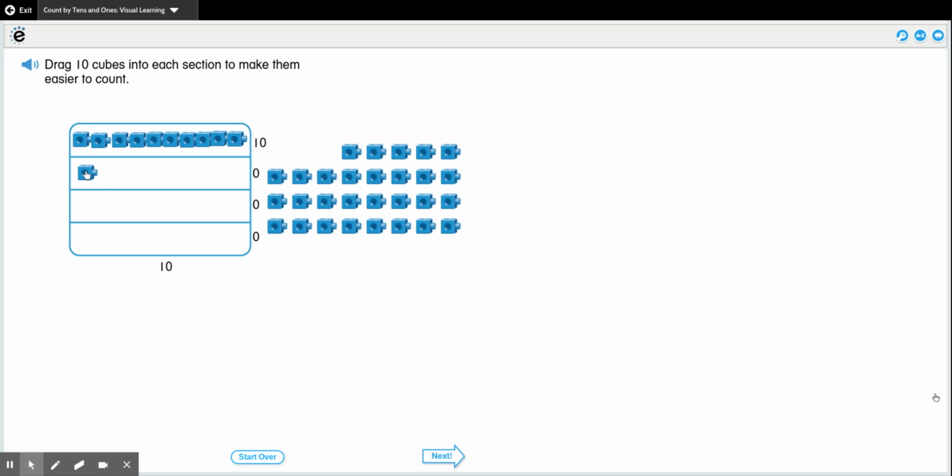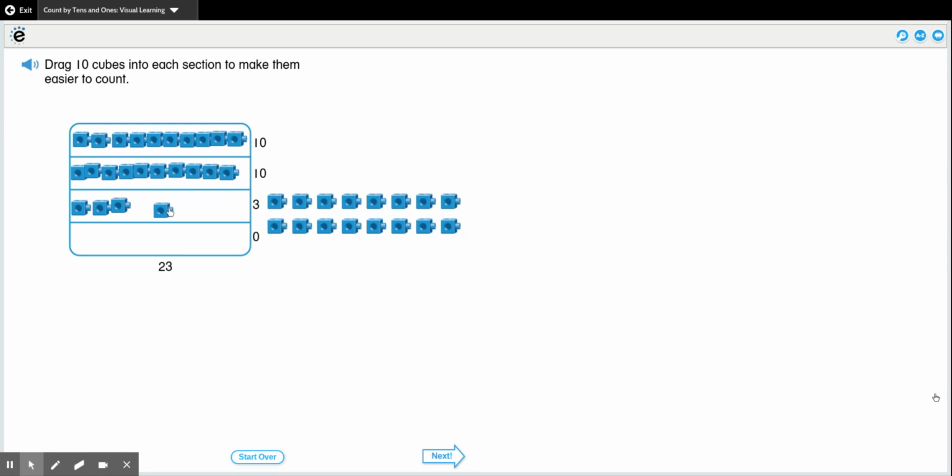Let's try this row. 1, 2, 3, 4, 5, 6, 7, 8, 9, 10. 1, 2, 3, 4, 5, 6, 7, 8, 9, 10.